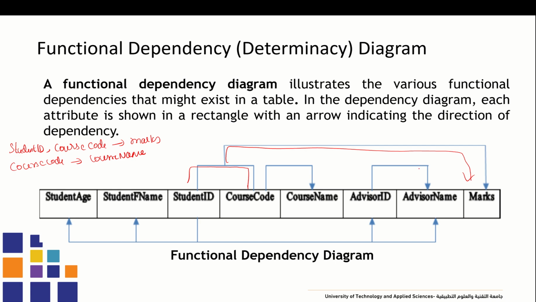Then advisor ID determines advisor name. And already we have student ID determines student first name. The important thing, after writing, is that you have to tell which one is fully functionally dependent, which one is partial functional dependent, and which is transitivity dependent.